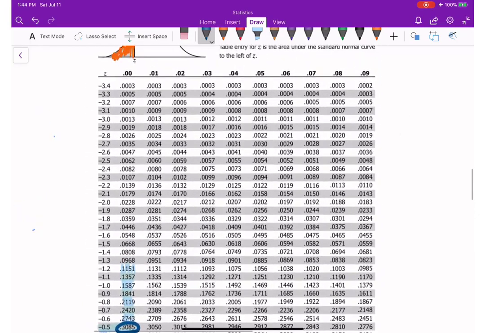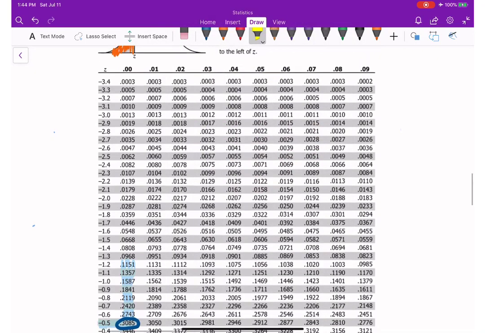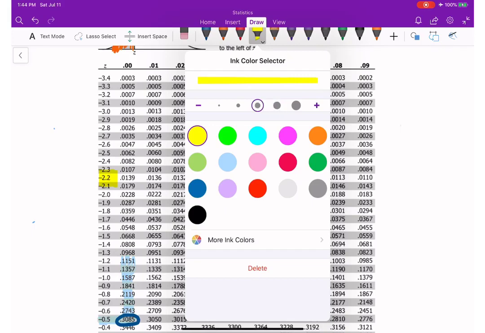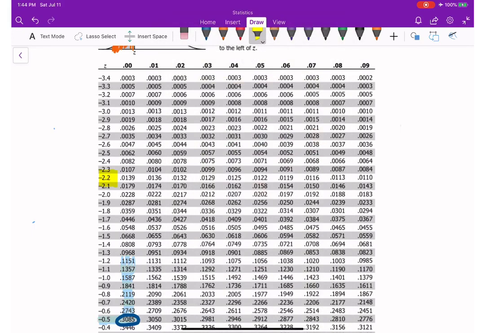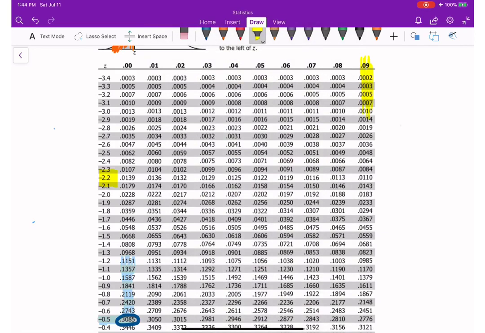Let's see where we are getting negative 2.29. This is 2. Okay, and where is my 9? Here is my 9. It's coming right here.